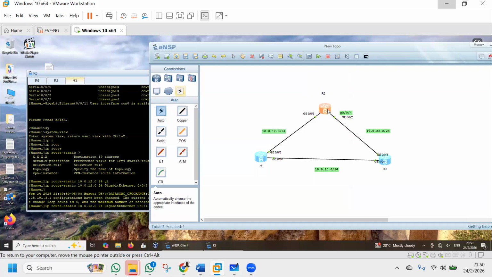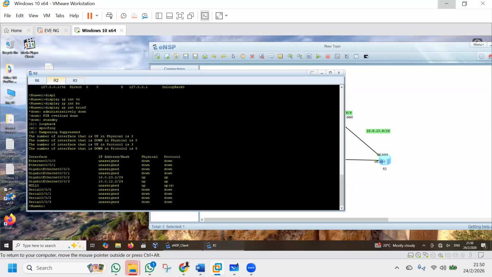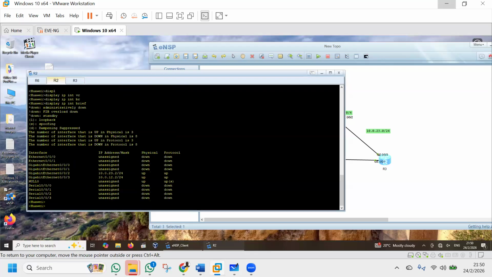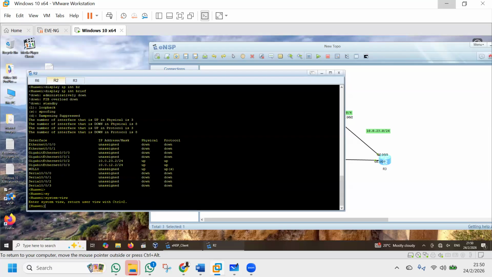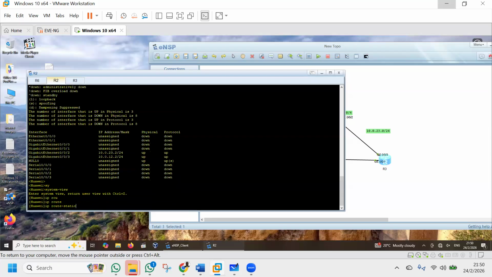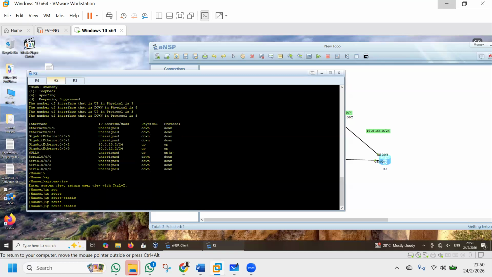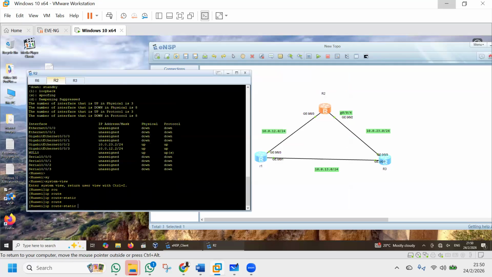Then from this router, we advertise 10.0. System view, ip route static. Alright, so from this one, R2, we advertise the network 10.0.13.0/24.